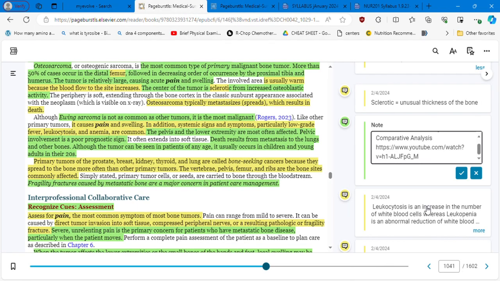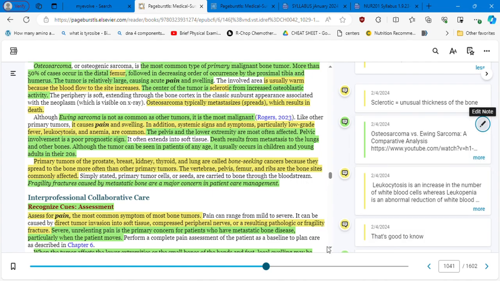It was a very good video, the comparison. So, the Ewing sarcoma originates in the nerve cells related to the bones, versus osteosarcoma, which is more related to the metaphysis, right? And then osteosarcoma is going to develop in the femur, at the end of the long bones, while Ewing sarcoma is going to develop even in the bone of the head, the cranial.